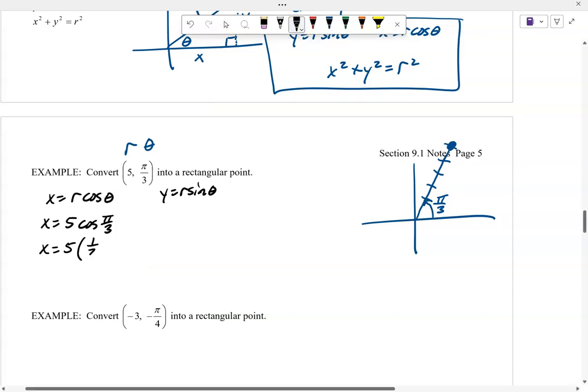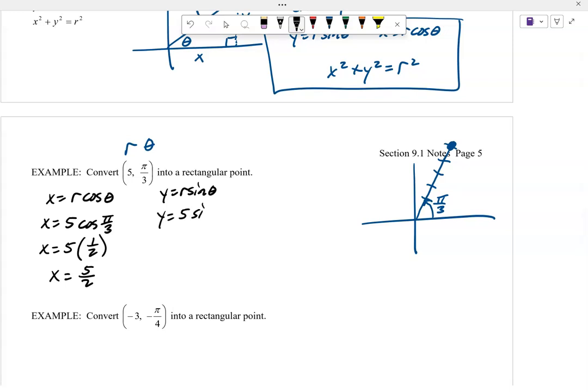So we got x being 5/2. Now let's do the y over here. Let's take the sine of pi thirds. And so we got 5/2, comma 5√3 over 2.